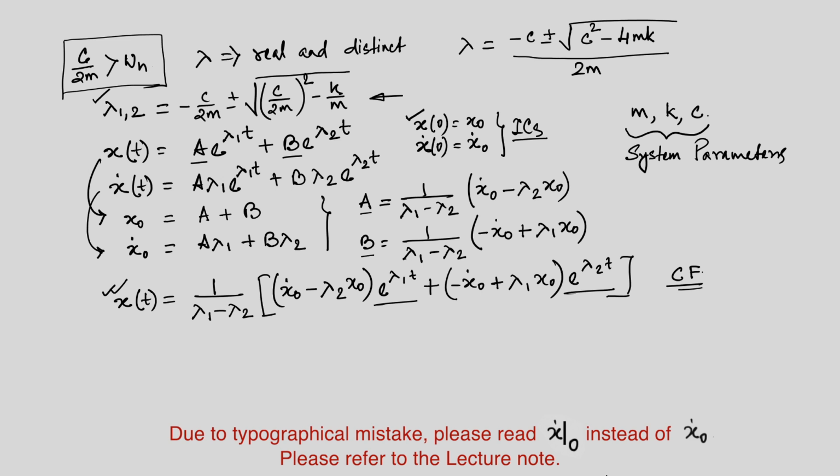So, the moment we have an over damped system, the solution has no oscillating component on the right hand side. That means motion is not periodic. So, the first conclusion we have: motion is not periodic.